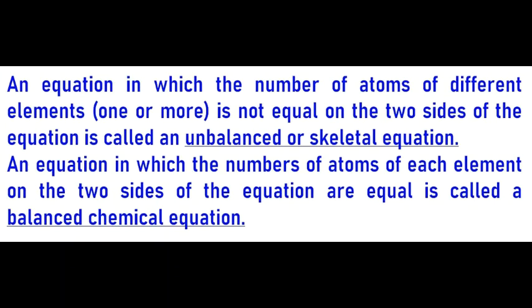Now, an equation in which the number of atoms of different elements, maybe one element or more than one element, is not equal on the two sides of the equation, we call such an equation an unbalanced or skeletal equation. On the other hand, an equation in which the numbers of atoms of each element on both sides of the equation are equal is called a balanced chemical equation.